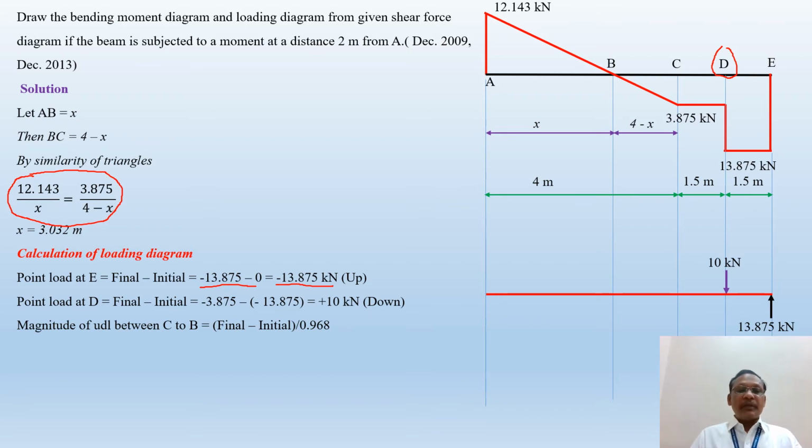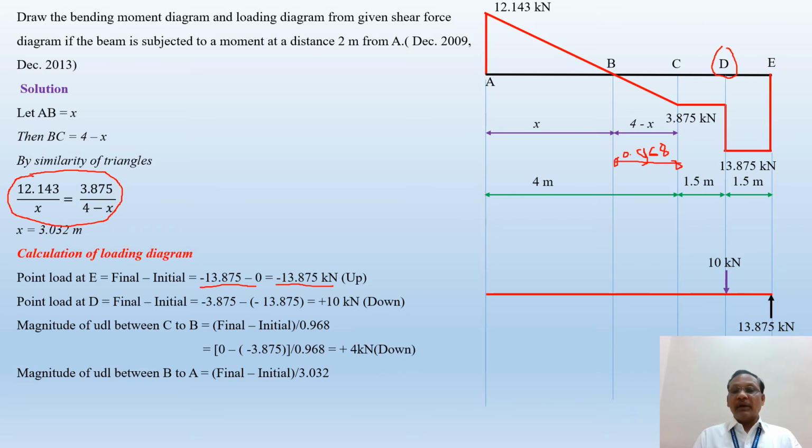So the magnitude of UDL between C to B is equal to final minus initial divided by 0.968. So this distance is 0.968. Then substitute the values of final and initial, and you will get a value of plus 4 kilonewton. So here you will get the 4 kilonewton UDL acting between point B to C.